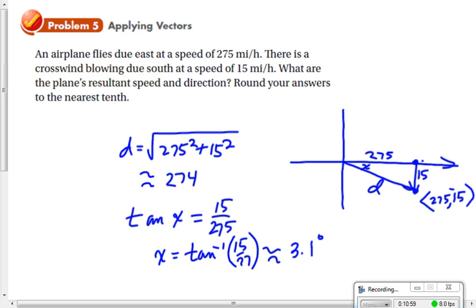So about 3.1 degrees south of east is our direction. And our speed is about 275 miles per hour. All right, you try that.